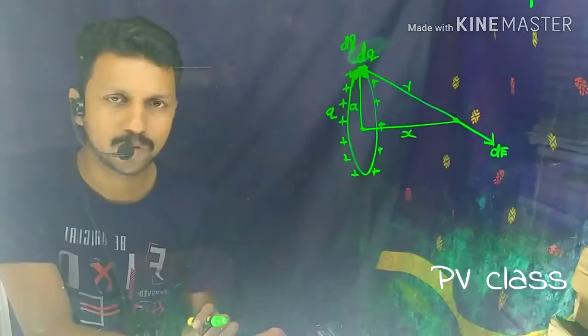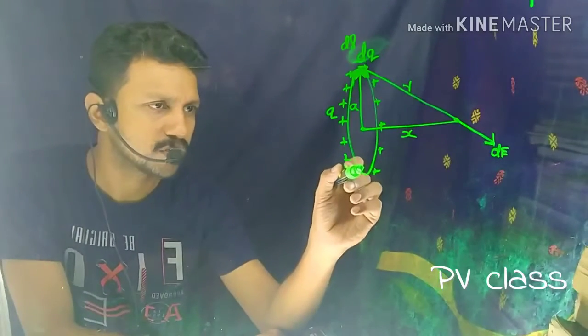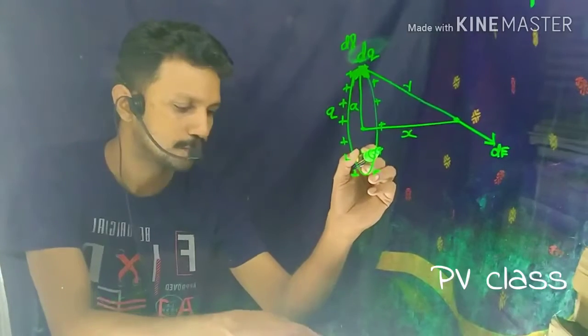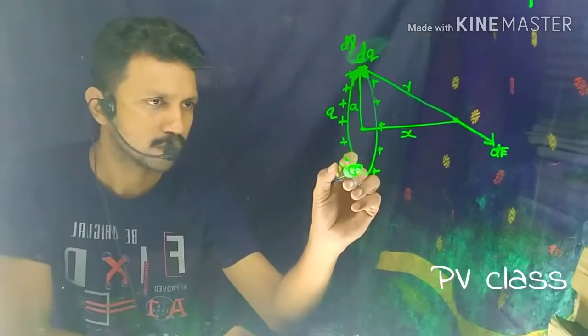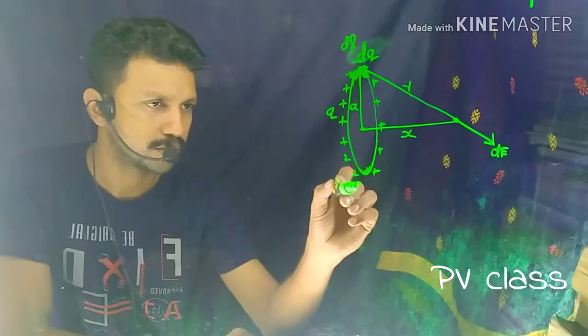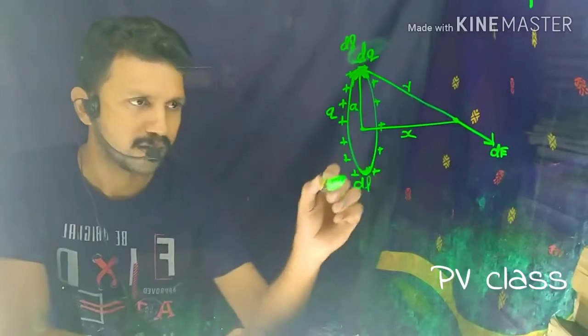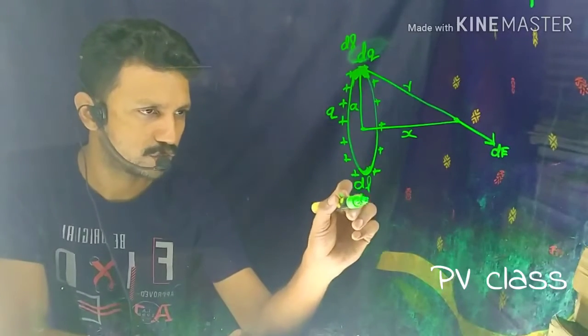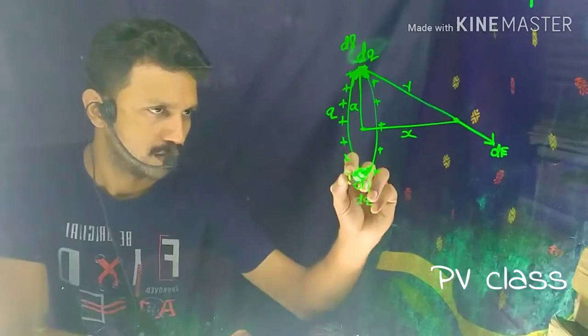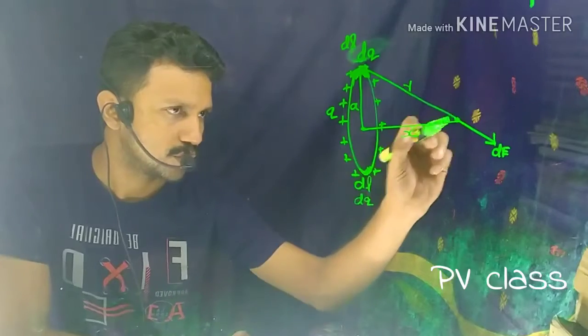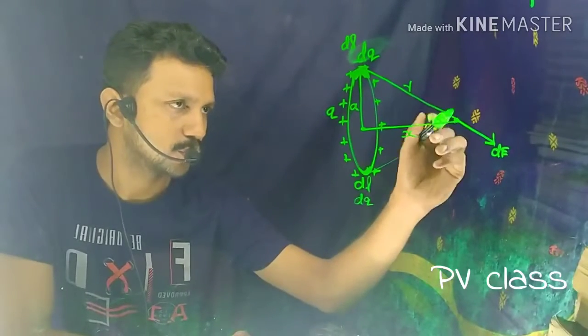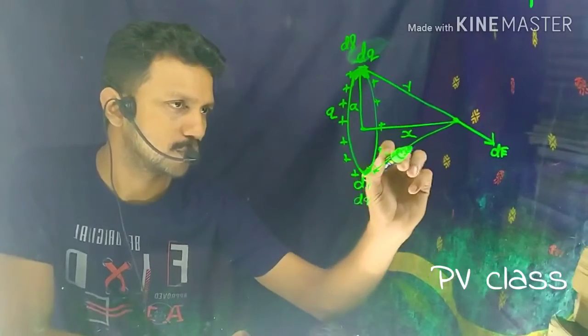Likewise, we could consider a small segment over here also. Let's consider a small segment dl at the lower end, and that dl will have a charge of dq. The distance from this lower dq to this point will also be r itself.